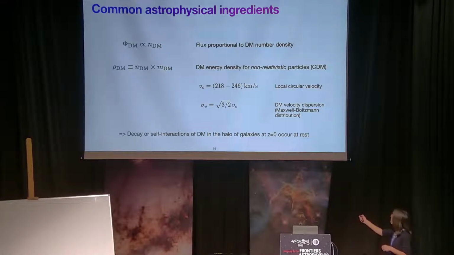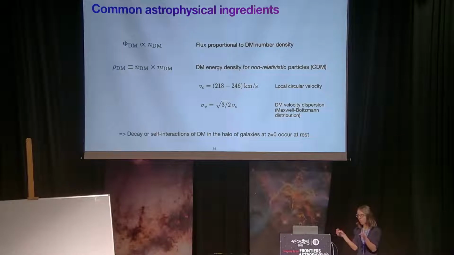Two important facts. The dark matter particles in the halo of our own Milky Way are almost at rest because they are very slowly co-rotating with the galaxy. And also, you can work out the dispersion velocity of the velocity distribution that dark matter particles have in the galaxy, which is well approximated by a Boltzmann distribution.